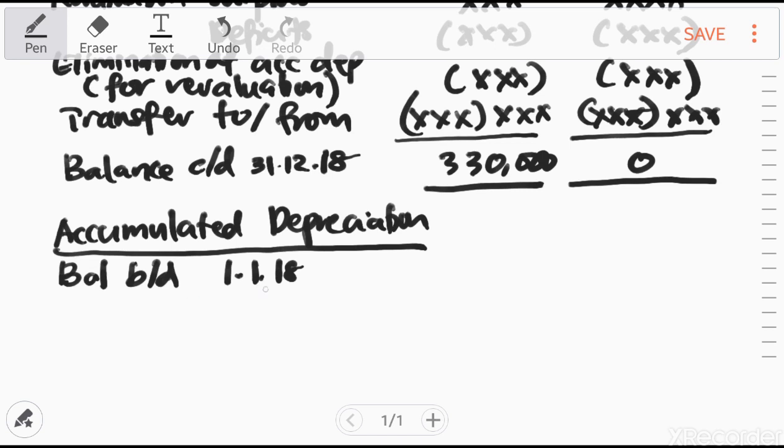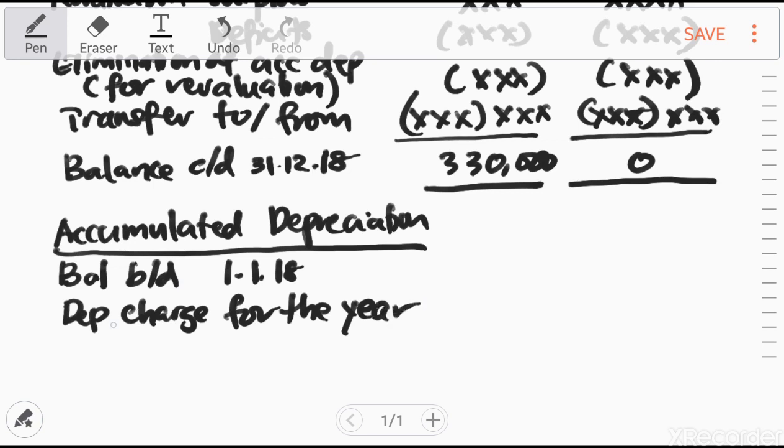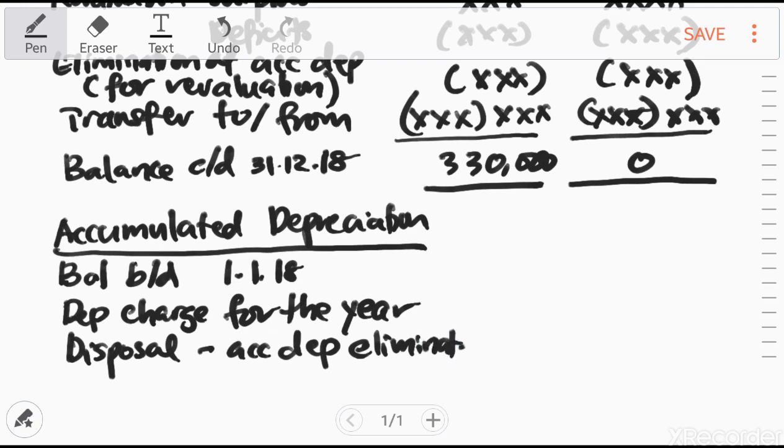You also need to work out what are the depreciation charge for the year for both assets. Work out if there is any disposal. So we have the disposal of our equipment, so we will work out how much is the accumulated depreciation that has to be removed here. So here we are talking about accumulated depreciation that you eliminate.